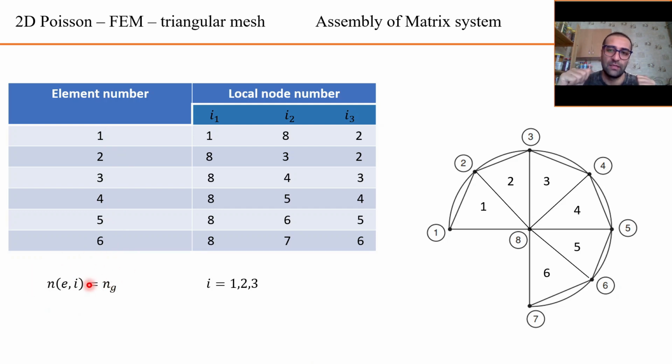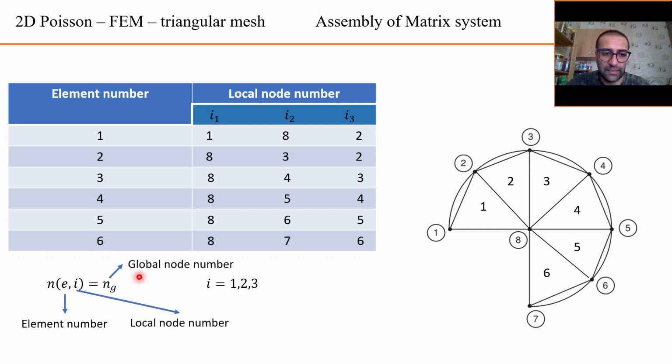Then we can use this connectivity information and assemble the matrix. And as you see, this is element number, this is local node number, and this is global node number. And for example, when you want to call some node, N here stands for the node. What is the number of the node? N depends on the element number and the local node number.